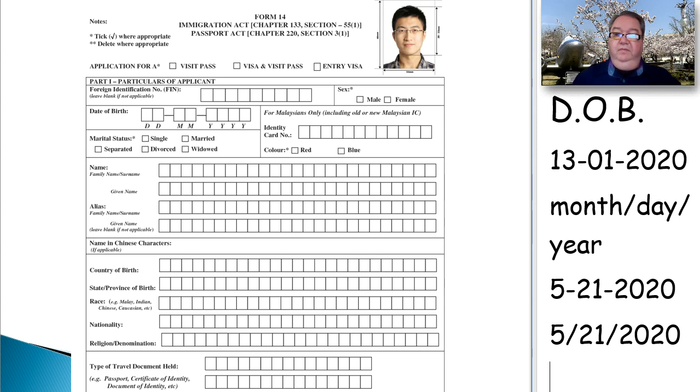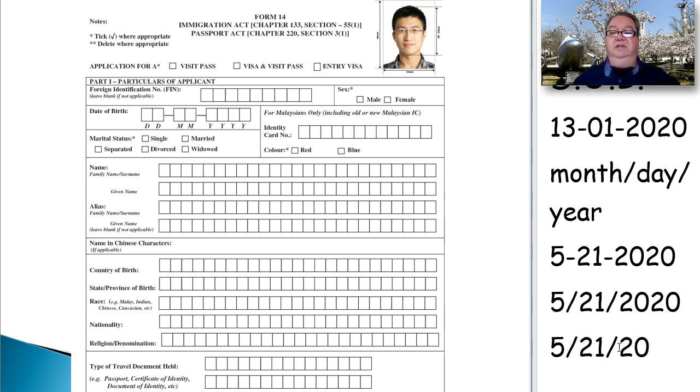Or the quickest way to do it, a lot of times we just write the year as 2 digits, like you do in Korea sometimes. You don't always write the year in 4 digits. Sometimes they just do 2 digits. Okay. And of course, I could also do 5/21/20, just like that. Okay.